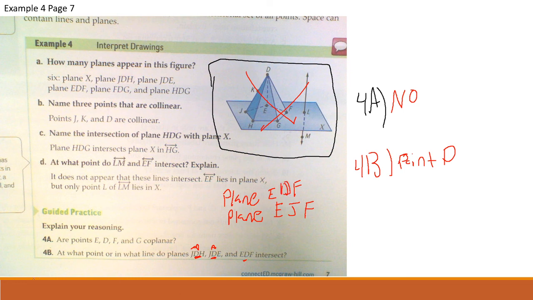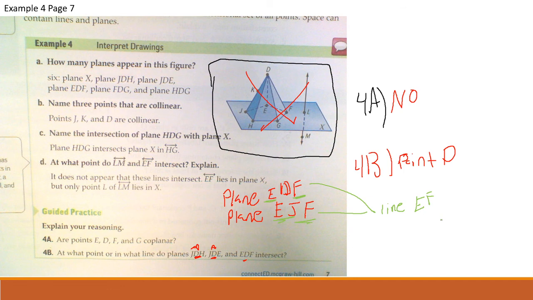Well, I know just by the name of it, we have E, D, F, E, J, F. Well, because they have the points E and F in common, that means that these are both going to intersect at line EF. Because if they share 2 points, that means they share a line, because remember, a line is between 2 points. Therefore, they're going to intersect at line EF.